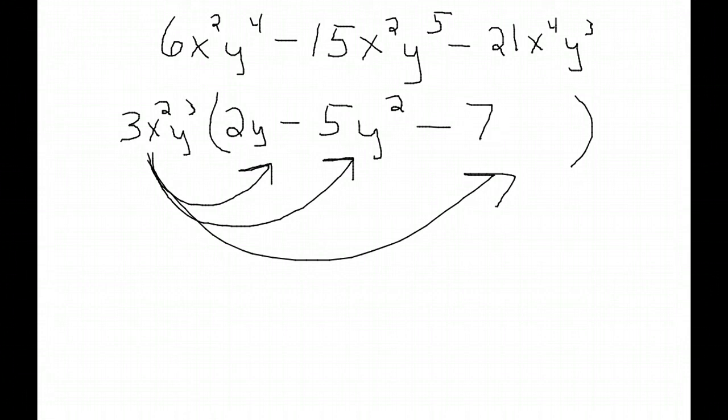That's 7. X squared times what will give me x to the fourth. That's x squared. And then y cubed times what will give me y cubed. Well, I could put a 1 there if I wanted to, but I don't need that, so I can just leave it as 7x squared.